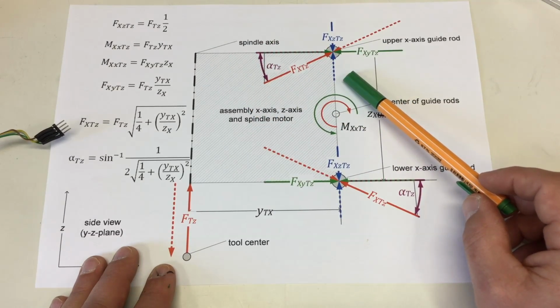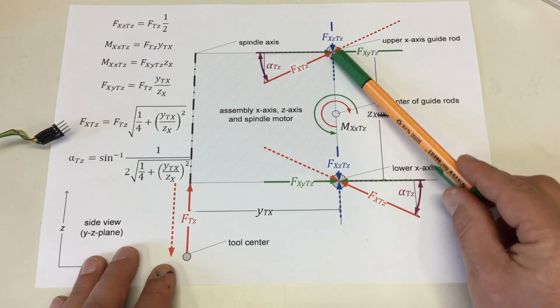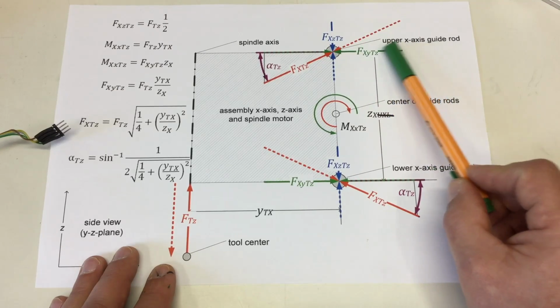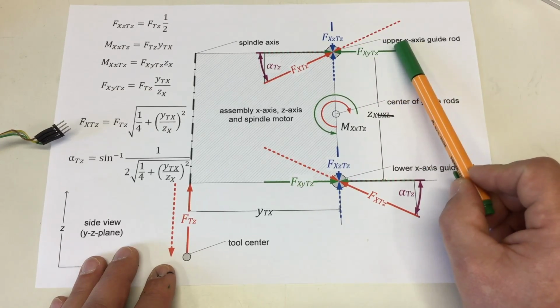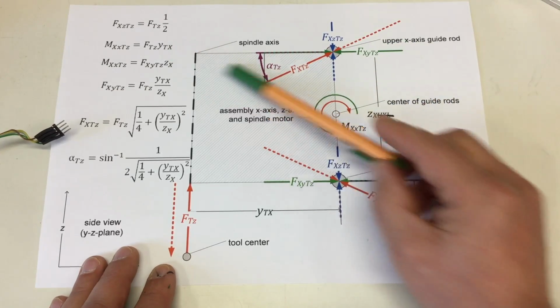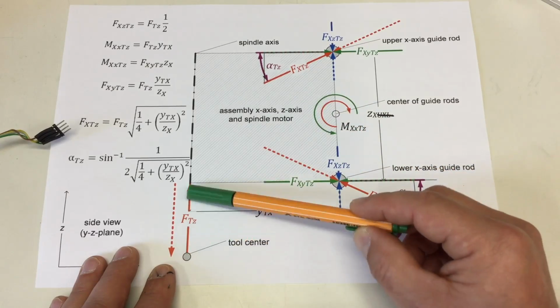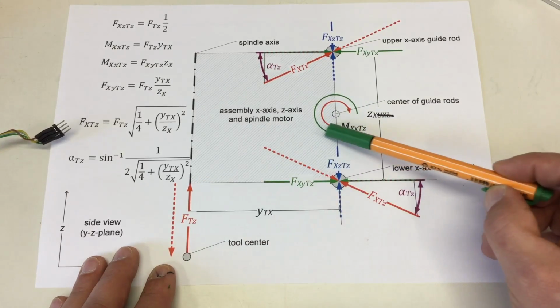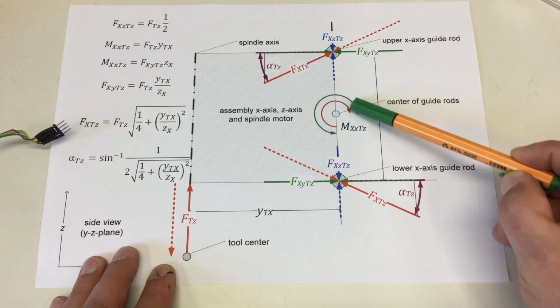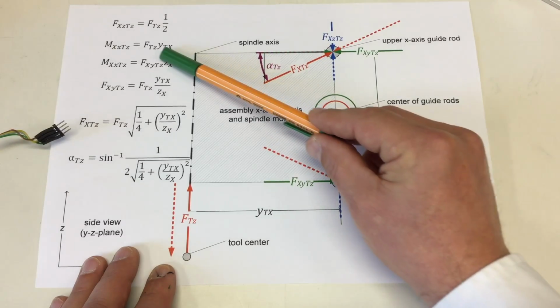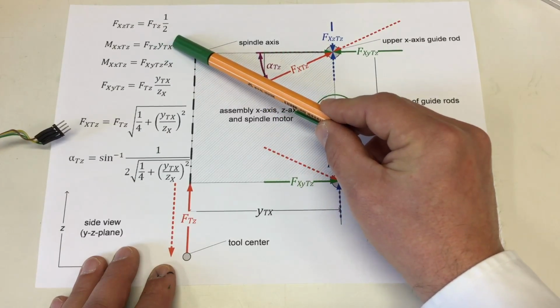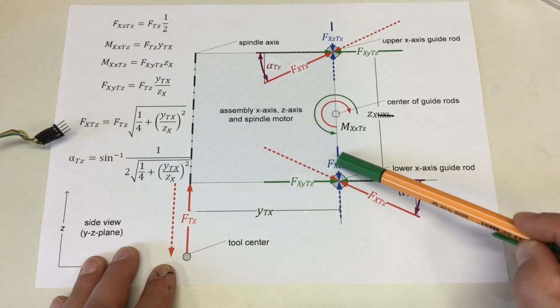Now on the y-axis, we have also calculated that via the momentums. So the momentum exerted by the tool center goes this way around, and it's basically the force on the tool times the lever.